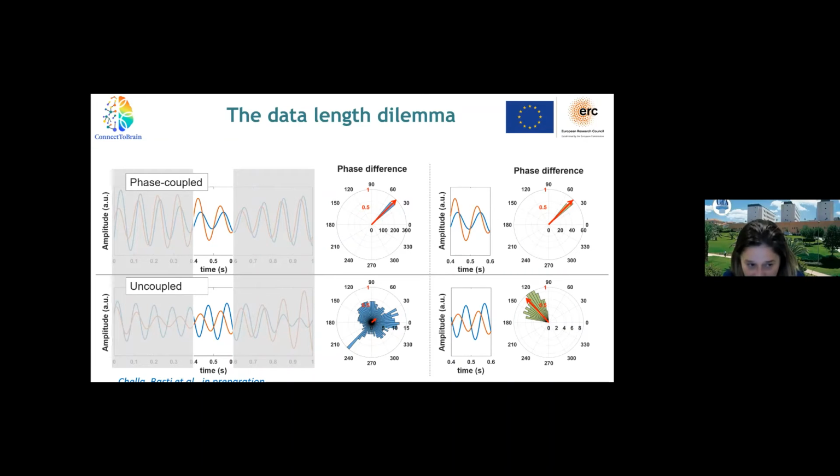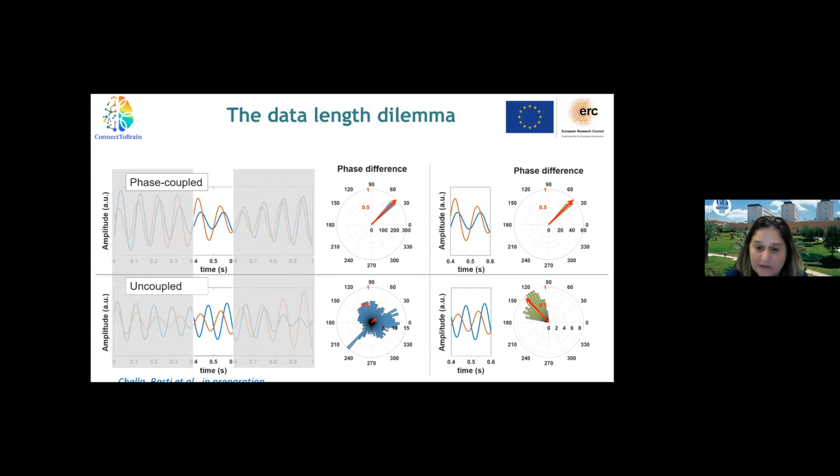But in the lower situation, what we will have is not a phase difference scattered around the circle, but some deviation from the main direction, and it might become hard to say whether that's just noise that makes the phase difference not so peaked along one specific direction, or whether it's really the fact that you are only observing part of the signal.